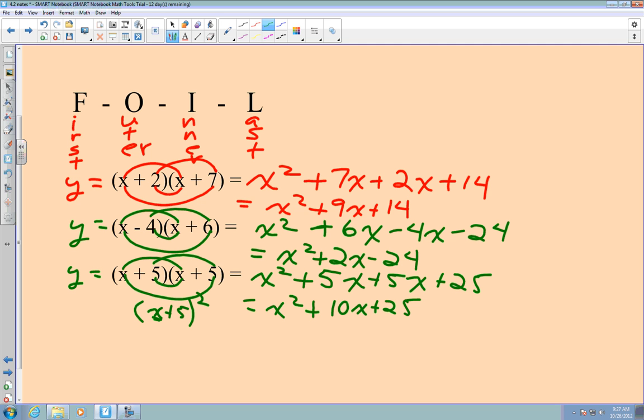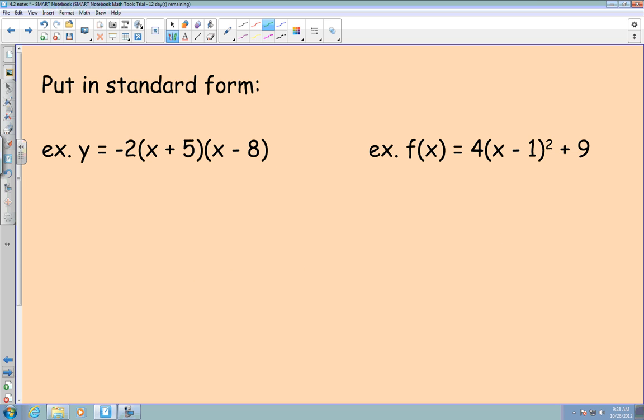Okay, so now let's look at some and how they're going to look on your assignment. What happens when I have a negative 2 out front? So let's look at that one. What you're going to do is multiply the two binomials.